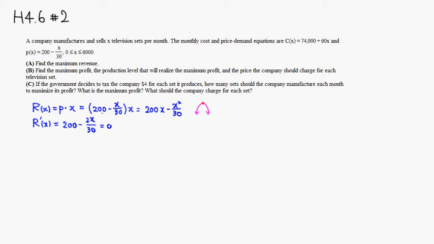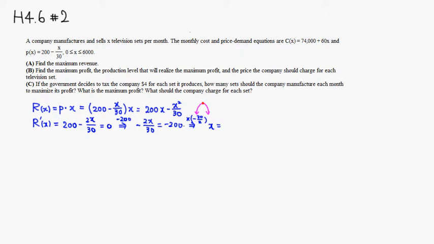Subtract 200 from both sides, and you have negative 2x over 30 is equal to negative 200. Then we multiply by the reciprocal, negative 30 over 2, so the negatives cancel out, the 2's cancel, the 30's cancel, and you just get x.